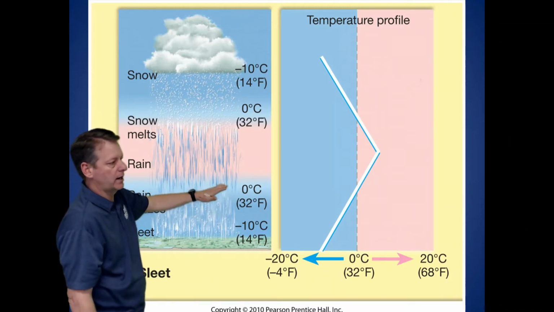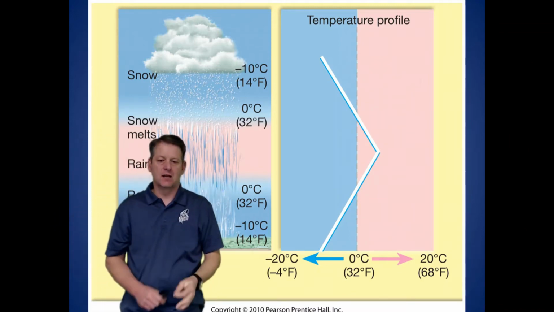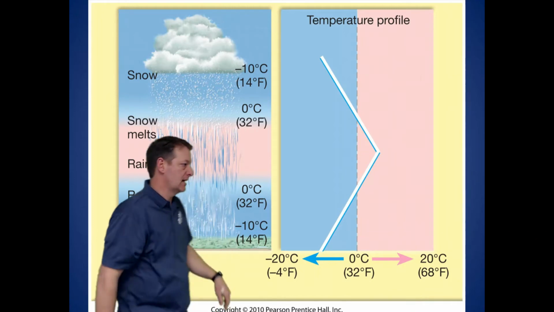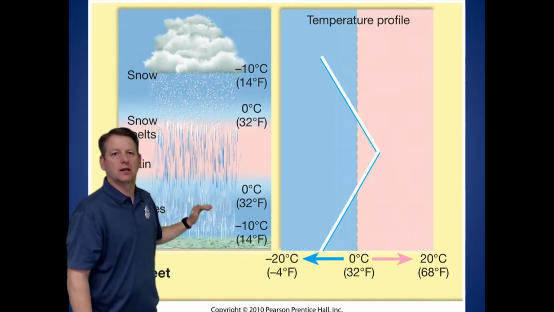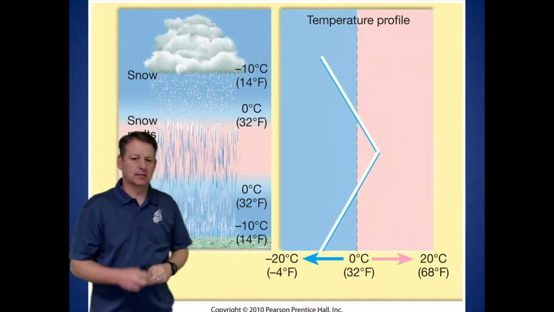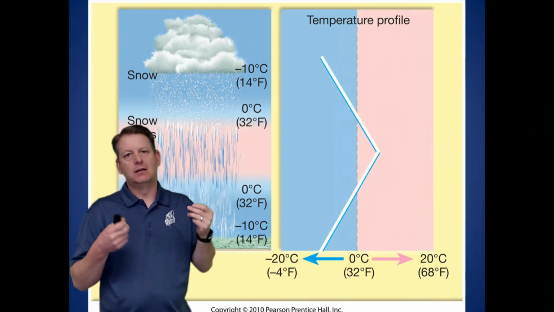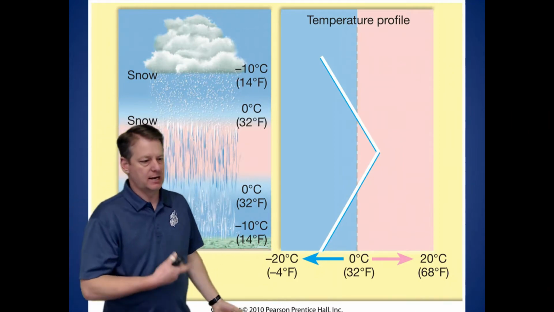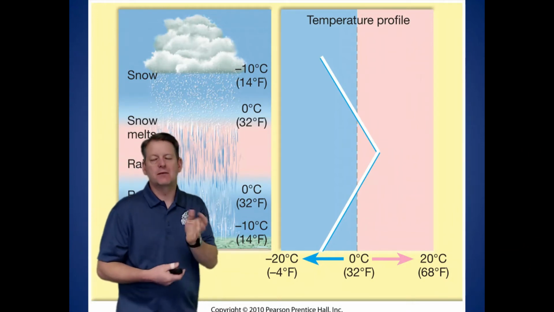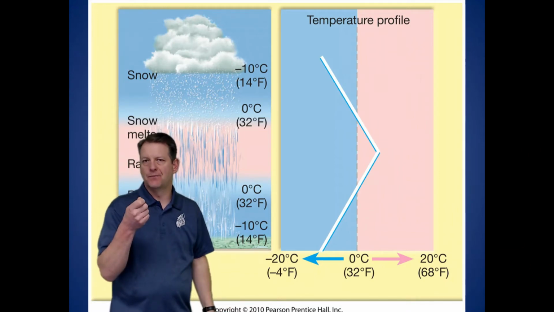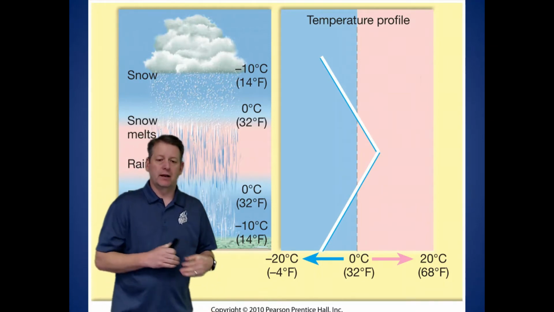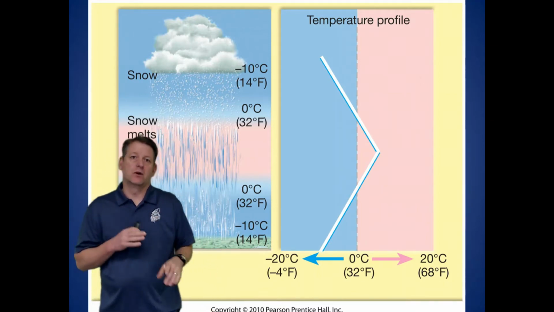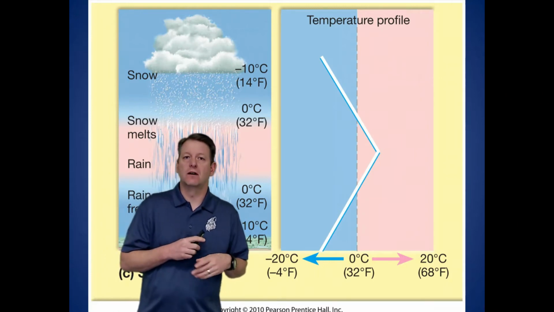And that cold air will cause that rain to freeze. But it's probably not going to completely freeze altogether. So we're going to start getting this lumpy, slushy mixture of rain and snow, or maybe even little bits of hard pellets in there. If you've ever been in sleet before, you'll know what it is, because it's not very fun. It's not very comfortable.